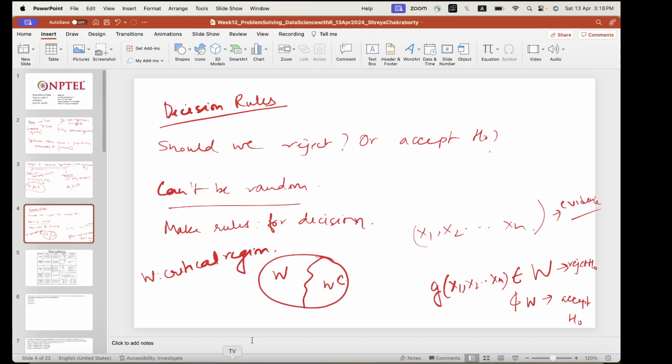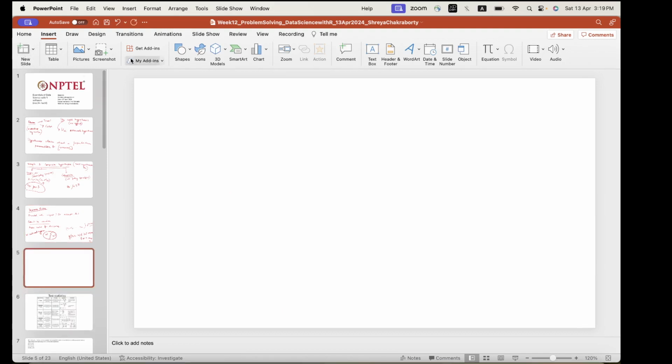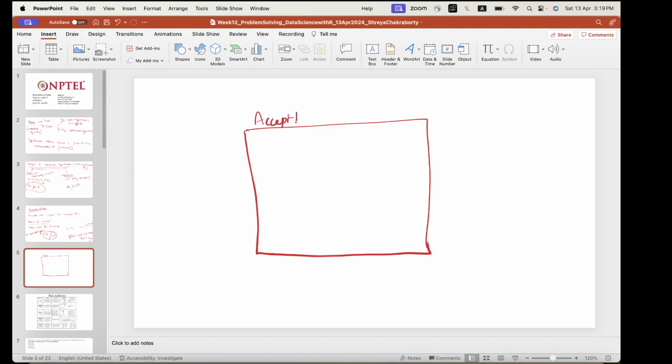Now how should we frame this decision rule? We could end up making the wrong decision as well, but the goal is not to make wrong decisions. So if we consider the confusion matrix, or this 2 cross 2 contingency table, this is accept H naught, this is reject H naught, and here it's the ground truth.